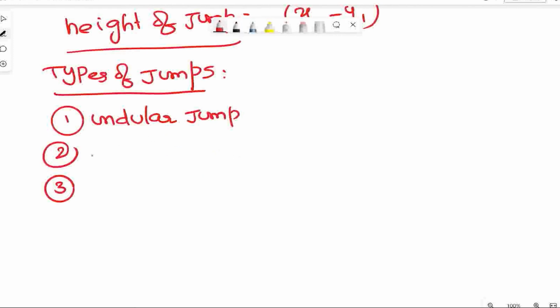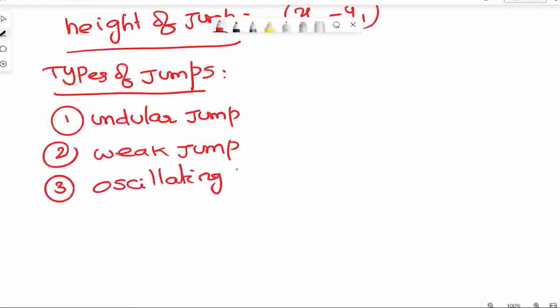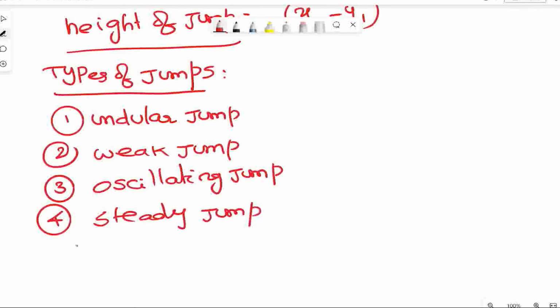The second one is basically a weak jump. Third one is oscillating jump. Fourth one is steady jump. Strong jump. These are only for quiz questions, you should remember.